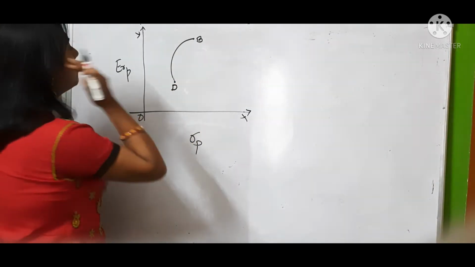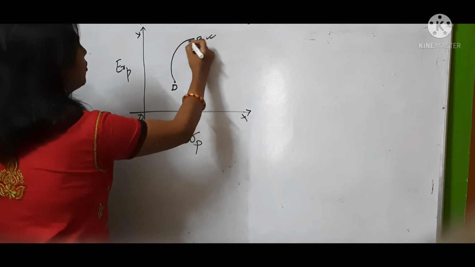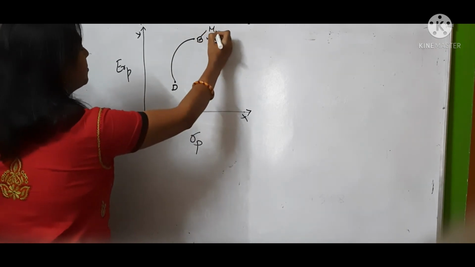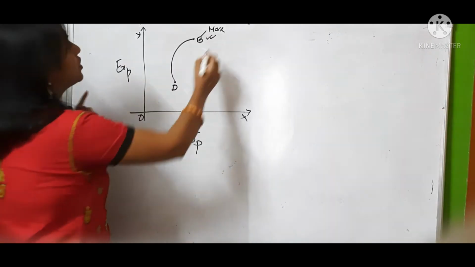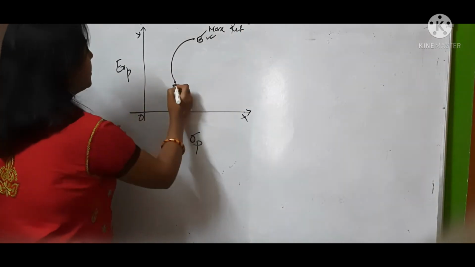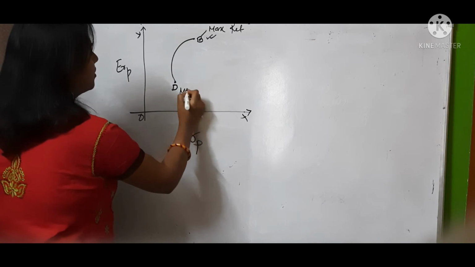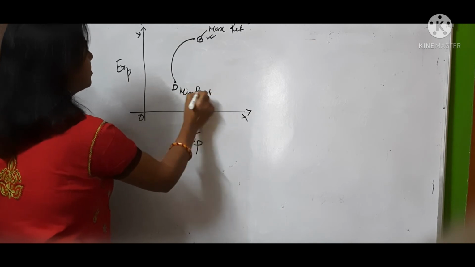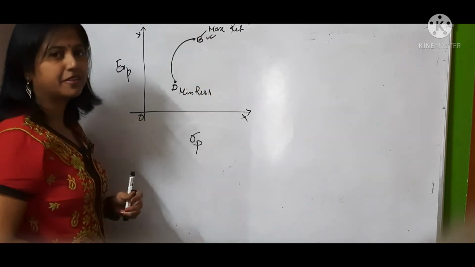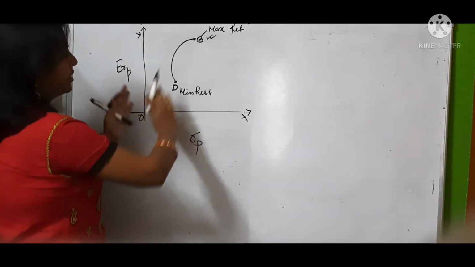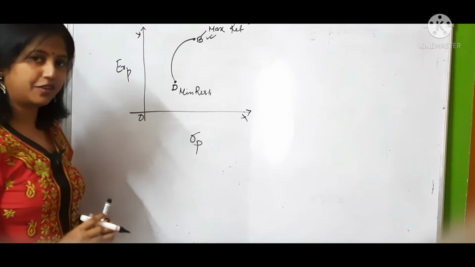Remember, these are the points where one gives you maximum return, and the other has minimum risk. I am just connecting those 2 points, the one with maximum return and the one with minimum risk, and therefore connecting these 2 points, we call it the efficient frontier.